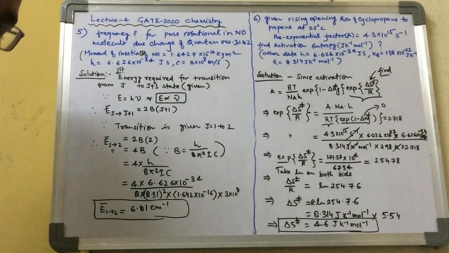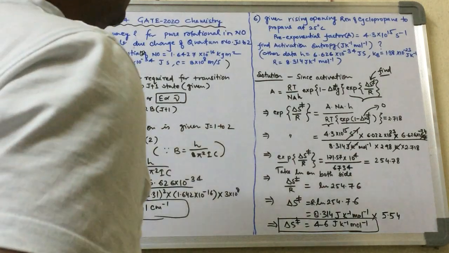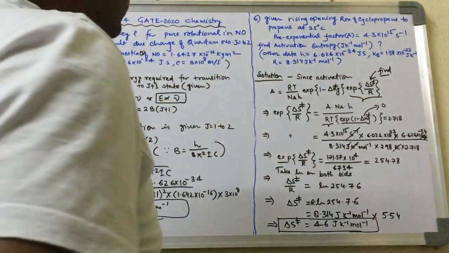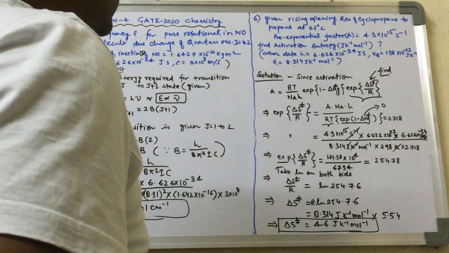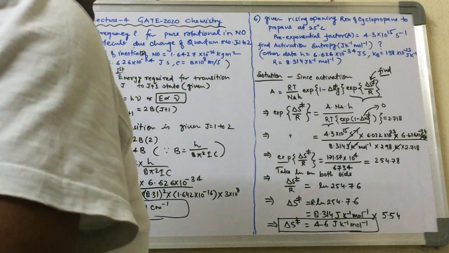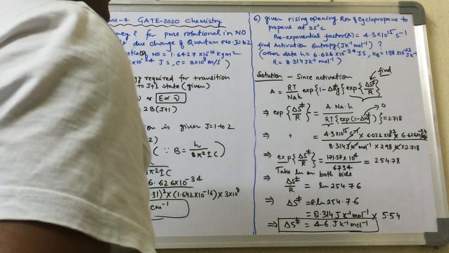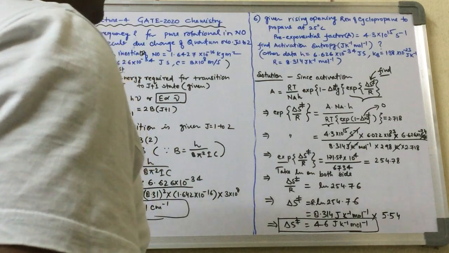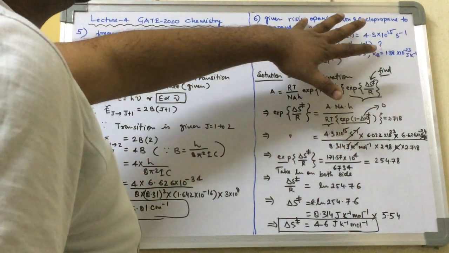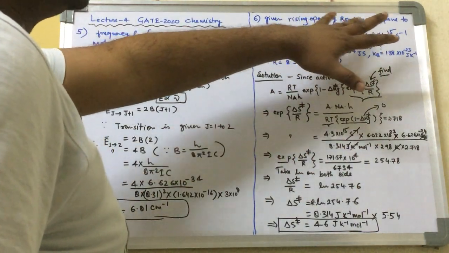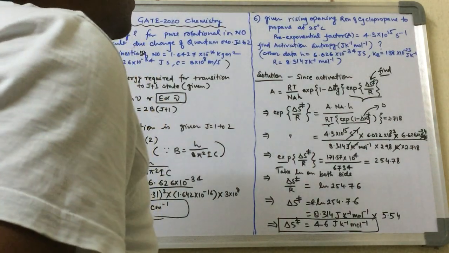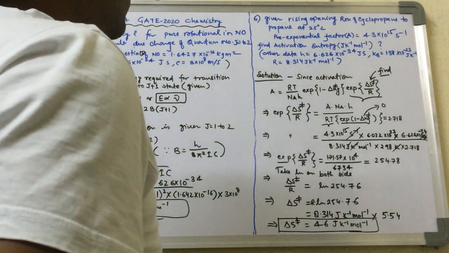Now this question is a very lengthy question. Calculation is lengthy, but if you remember the formula, then you can easily solve. Okay, so here given some ring opening reaction of cyclopropane to propene at room temperature.